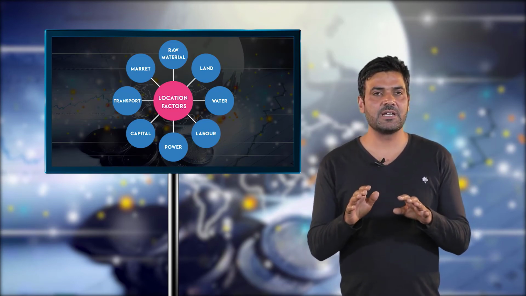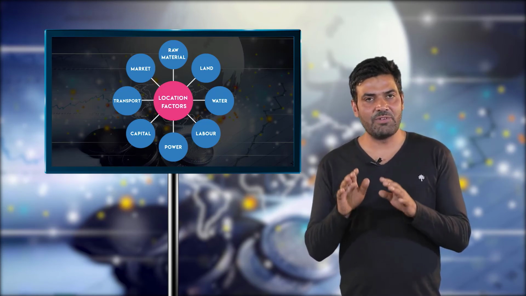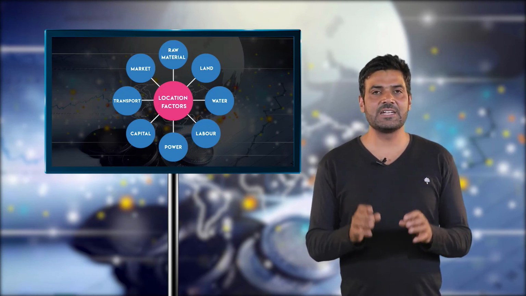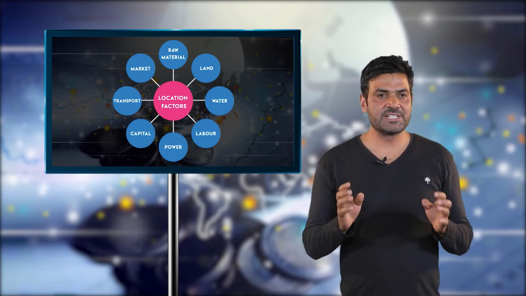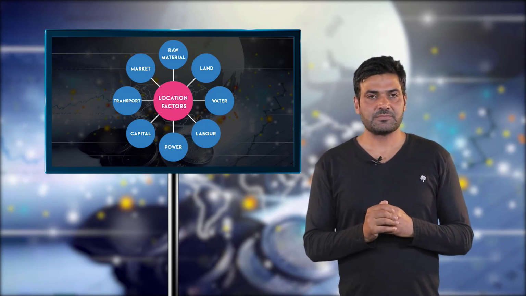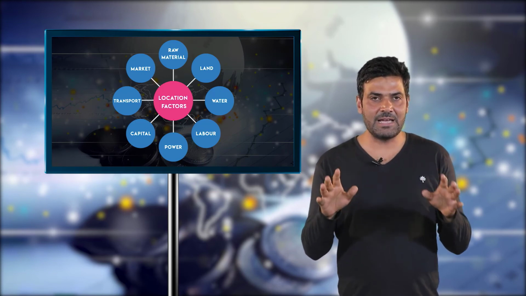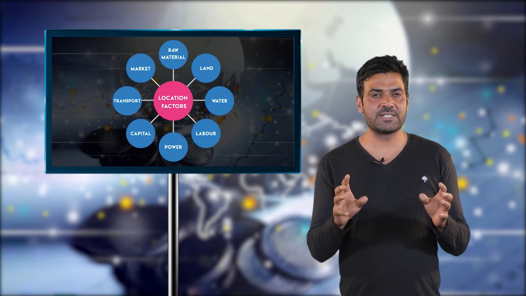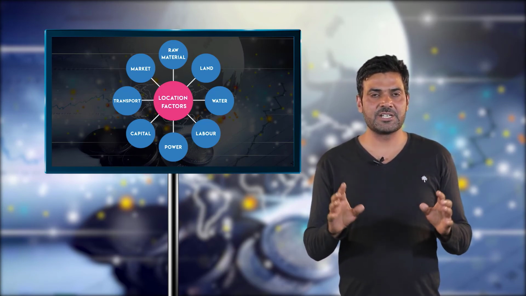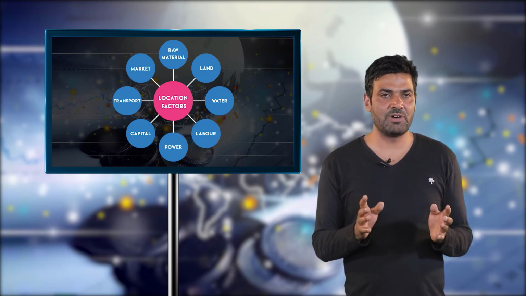These factors are the availability of raw material, land, water, labor, power, capital, transport, and market. Industries are located where these factors, or some of these factors, or all of these factors are easily available.